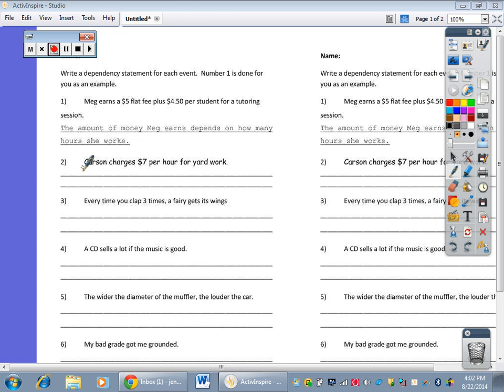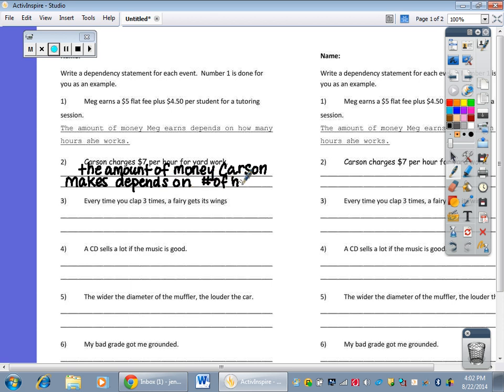So, the amount of money Carson makes depends on the number of hours he works. Notice that the $7 has nothing to do with the problem. It's just telling us that he's earning money every hour. So money and hours are two variables.